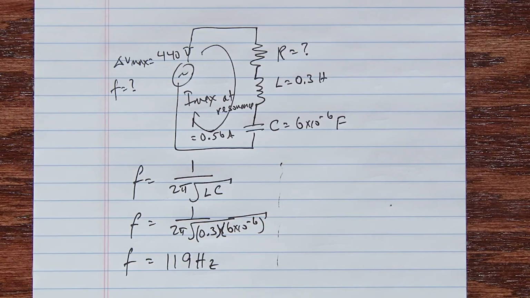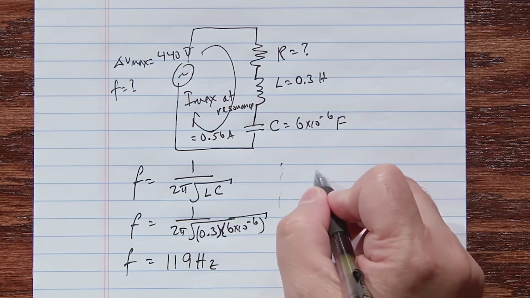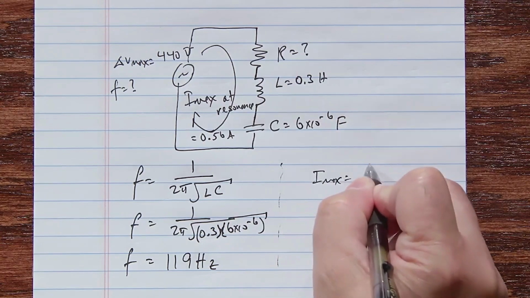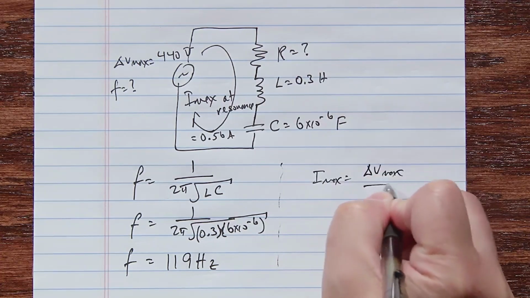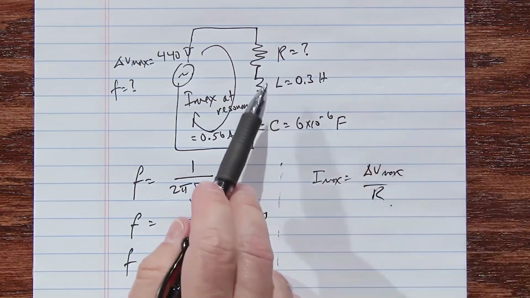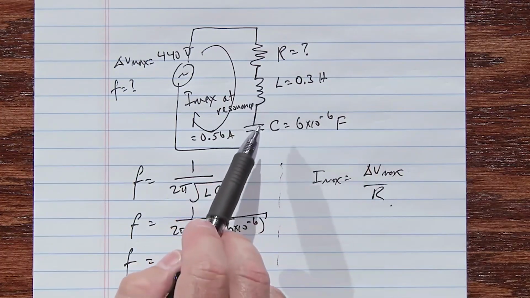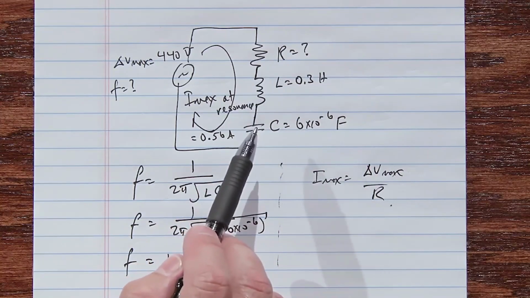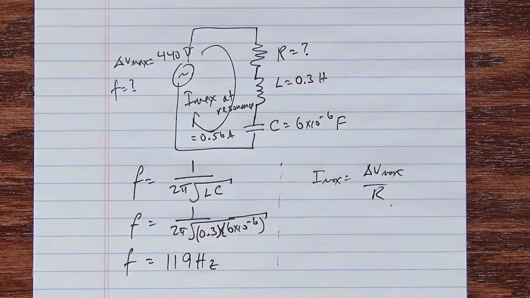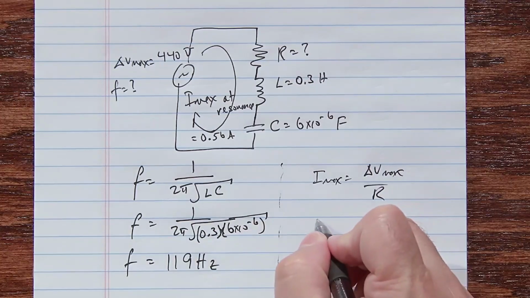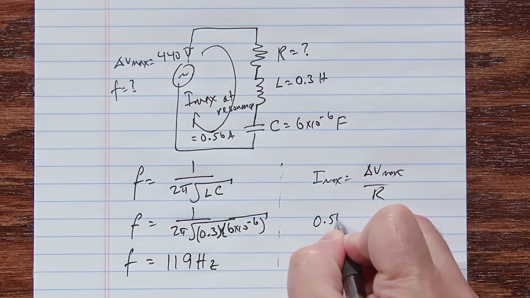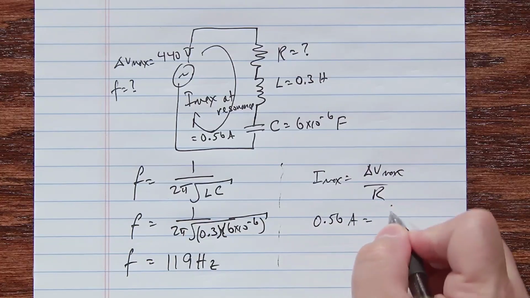And we're told at the resonant frequency that I max is equal to delta V max divided by R, because the inductive reactance and the capacitive reactance cancel each other out. So the impedance is equal to just the resistance. I max is 0.56 amperes.